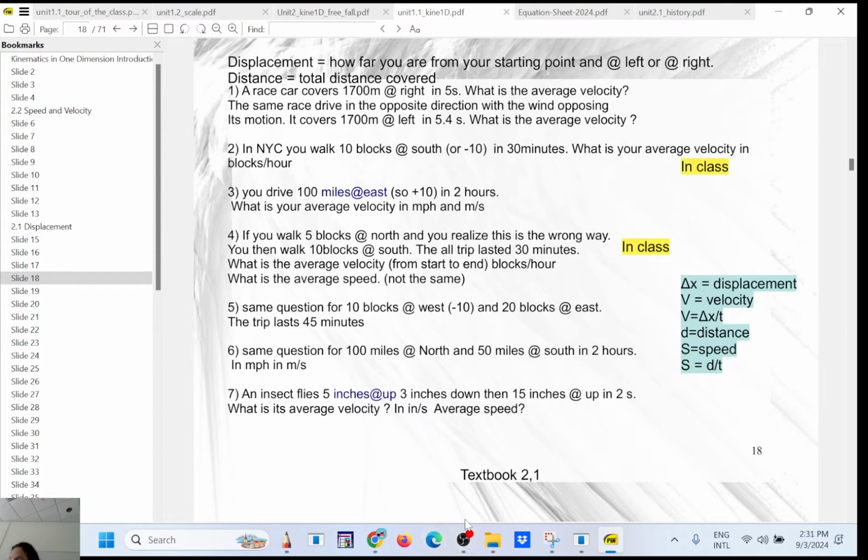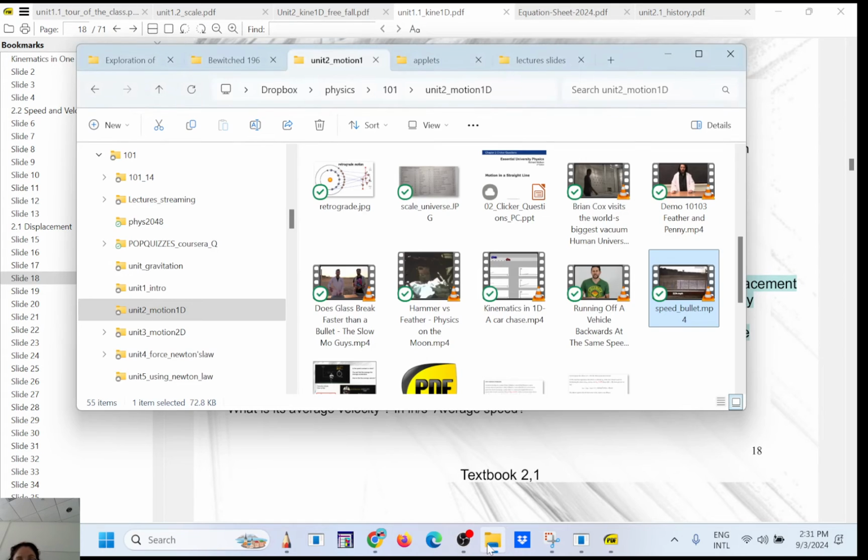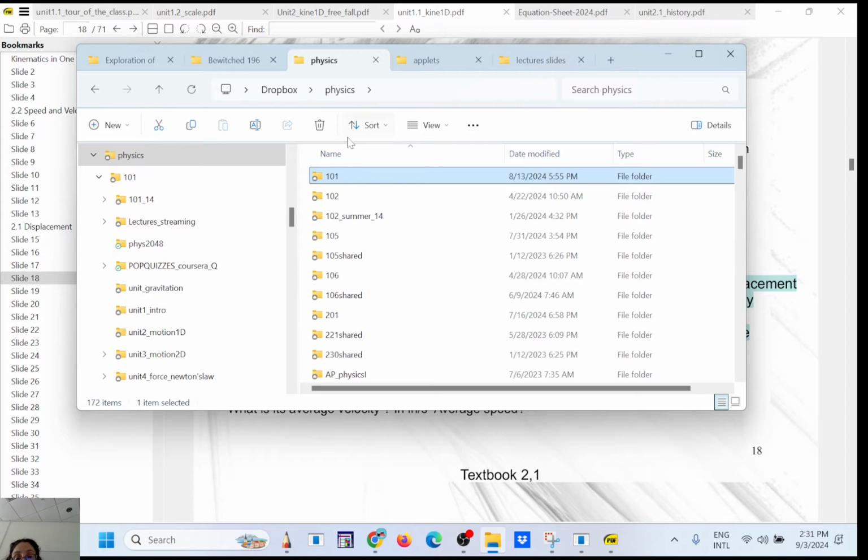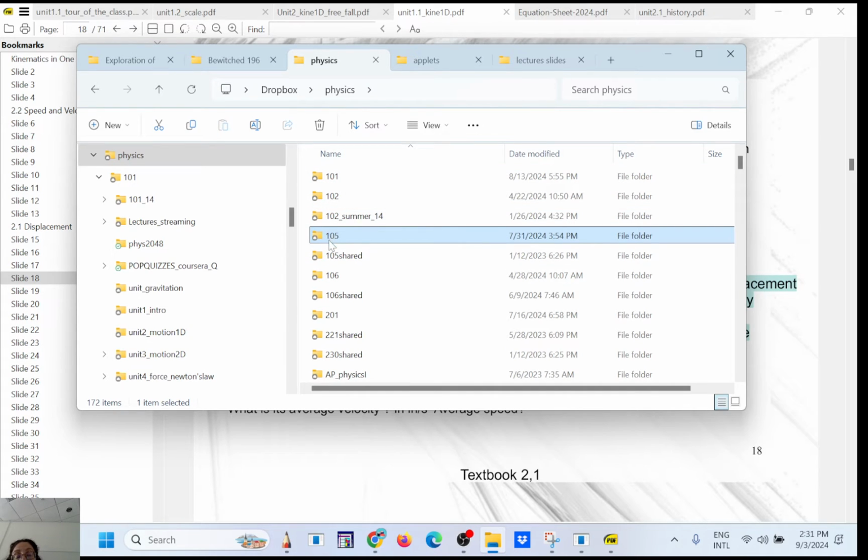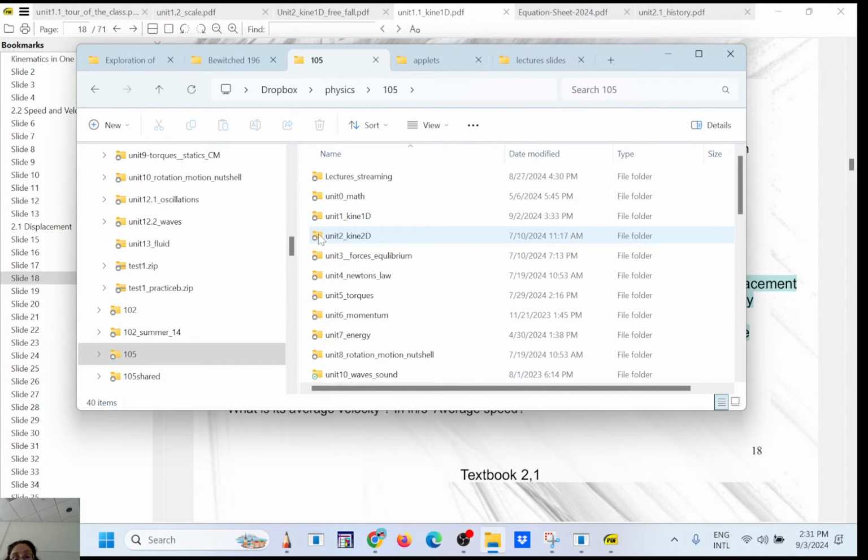And then it says 2.1. So that comes from a book. It's not the book that I have recommended, but it's okay. It's a book that the department has recommended.